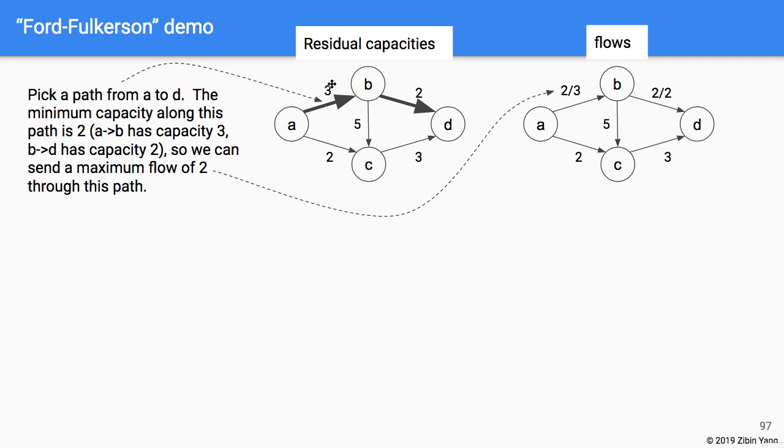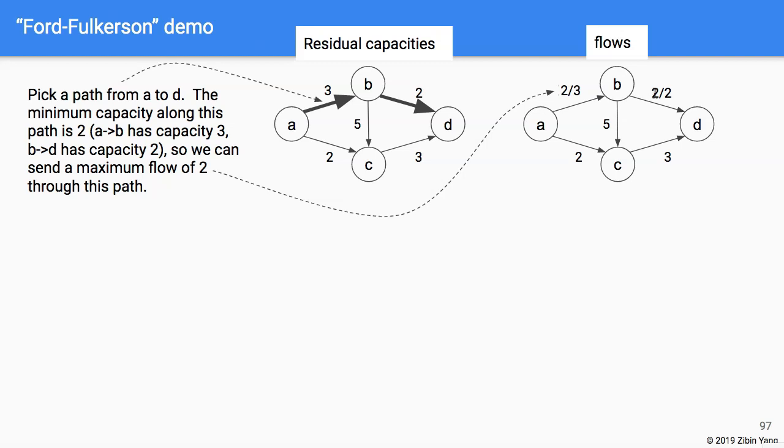Because if we send 3, then a flow of 3 would not be able to go through this edge with the capacity of only 2. So anyway, we send that flow through, and this is what is being shown on this graph here. Now we have 2 over 3. 2 is the flow, 3 is the capacity.